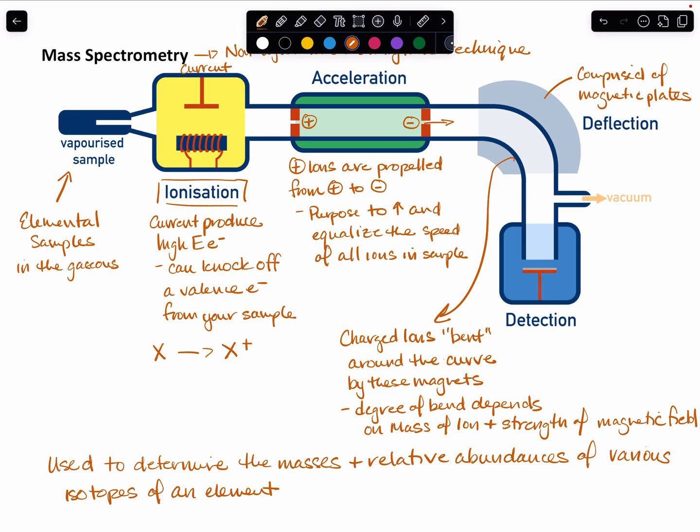So the best analogy I've seen for this is to think about the magnetic field as like wind blowing across this tube. So the field is going this way. If you have a particle that enters that chamber that is heavy, then that wind is not going to have as much of an effect on that particle's trajectory as something that is lighter. All right, so depending on the strength of that wind, it's going to bend the particles based on their mass.